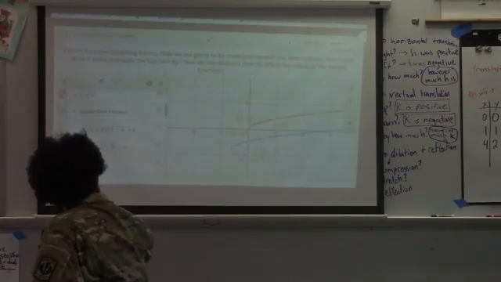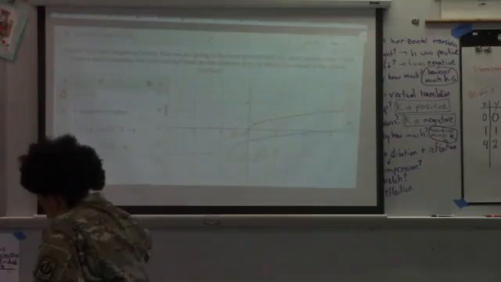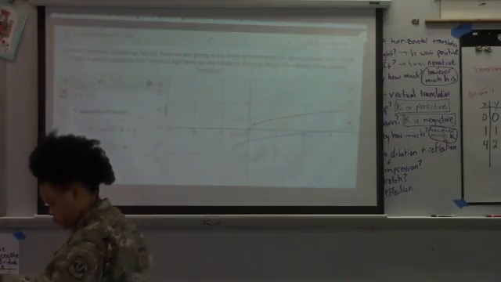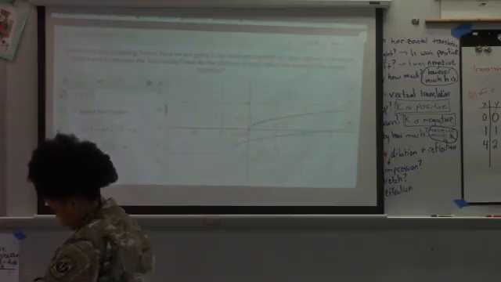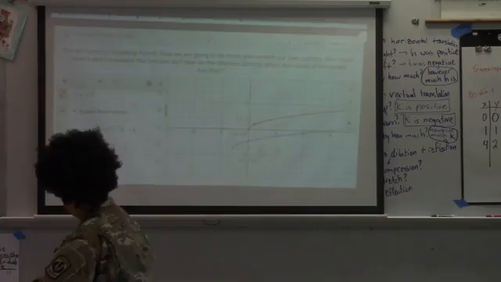Right now, what we have is the square root of x plus 3 minus 4. To go from a negative to a positive, what did I have to subtract? What did h have to be? If I put a positive 3 in here, I'm left with x minus 3.